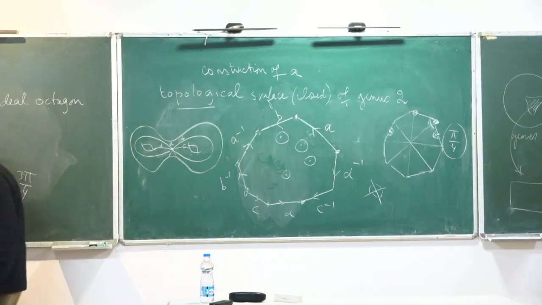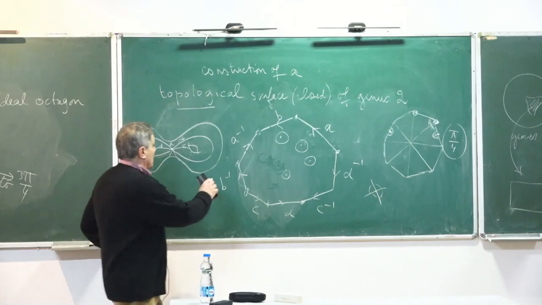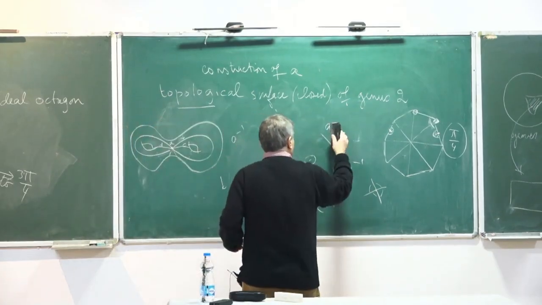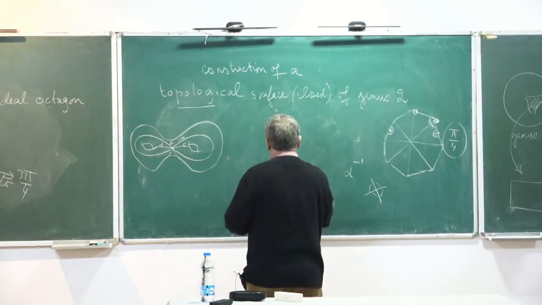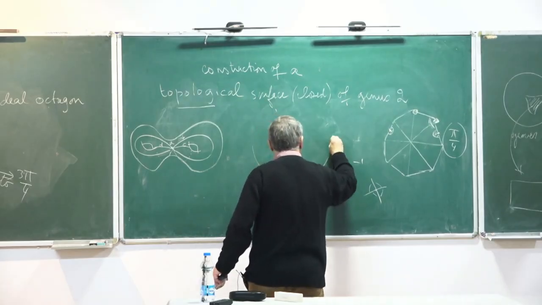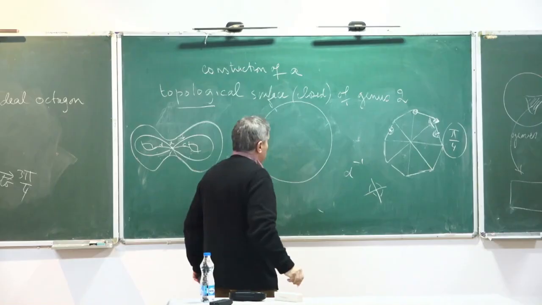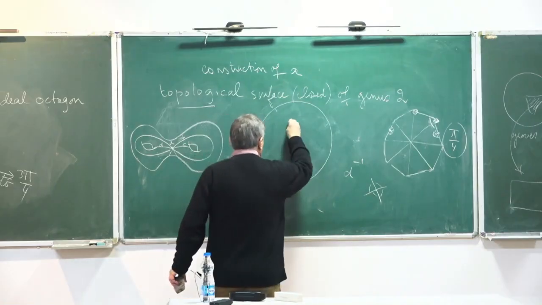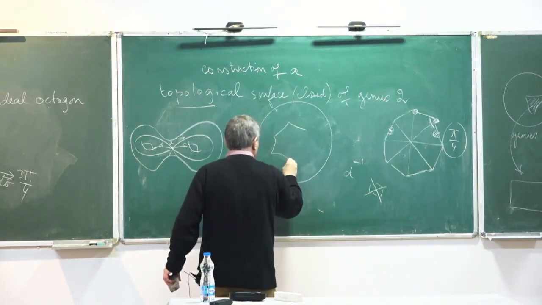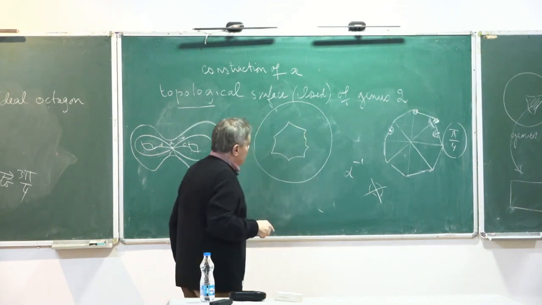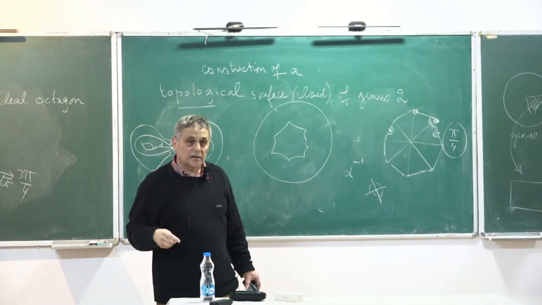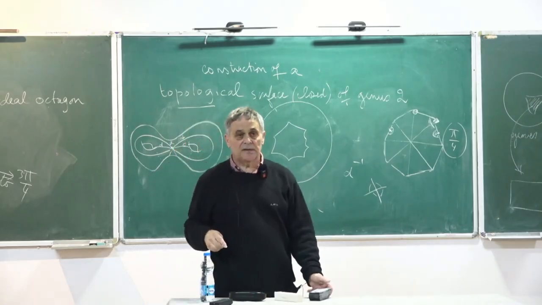In the hyperbolic plane, you have polygons with which you want to construct closed surfaces of genus 2.